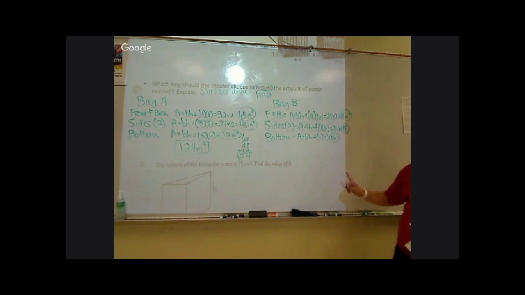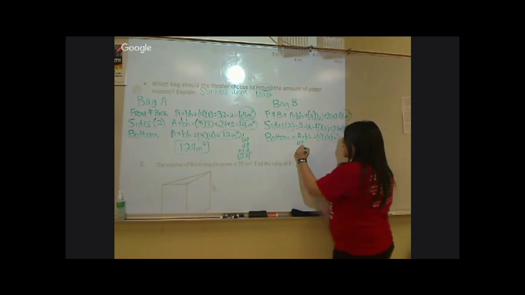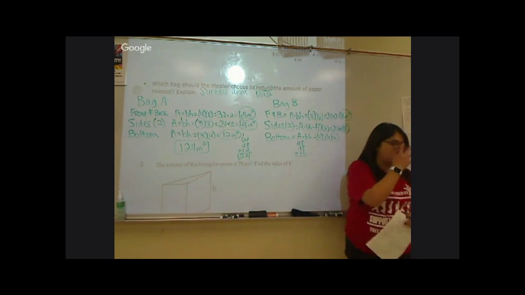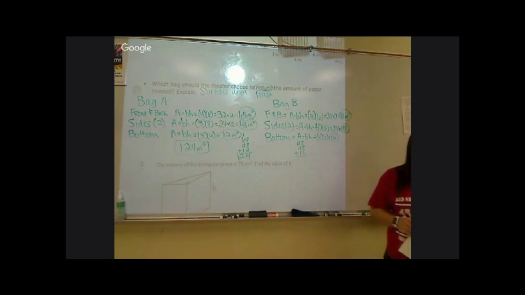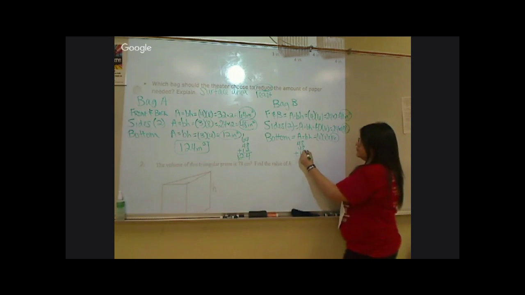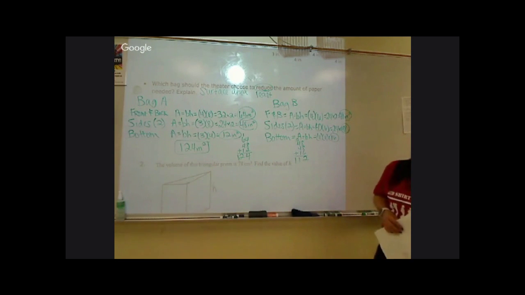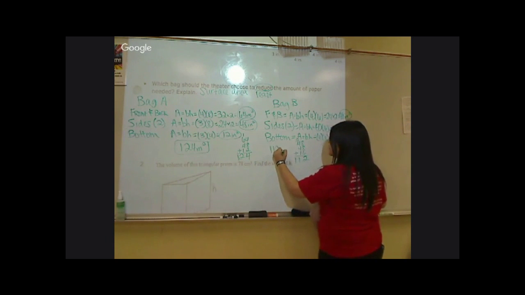So now we do what with all of these? Add them. So let's see when we add this, what we're going to get so we can compare them. Don't yell it out. Give everybody a chance. 112 square inches.